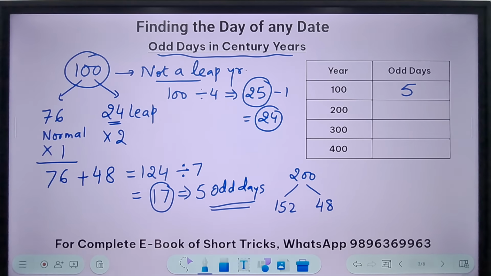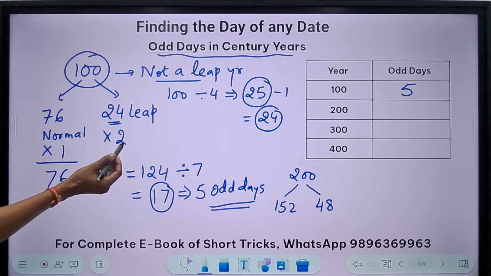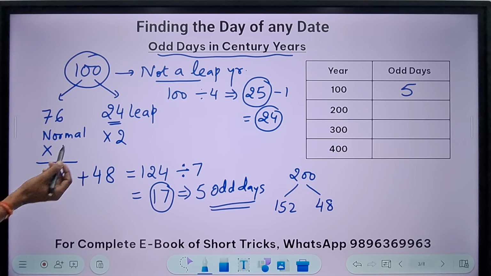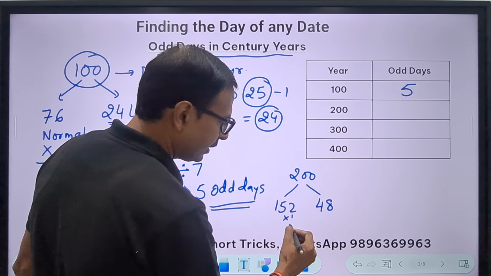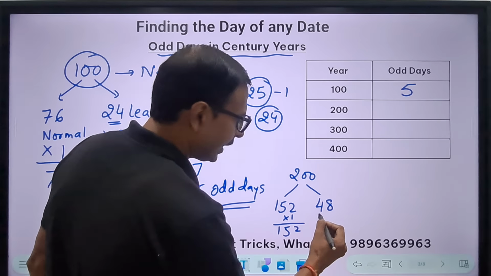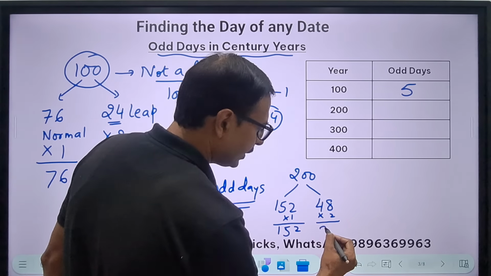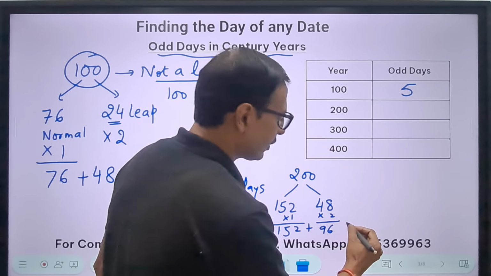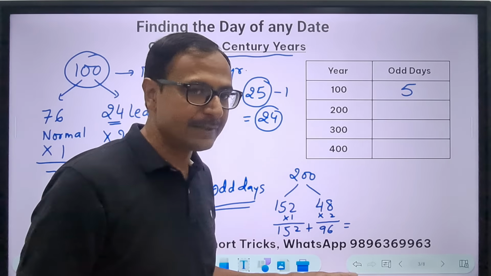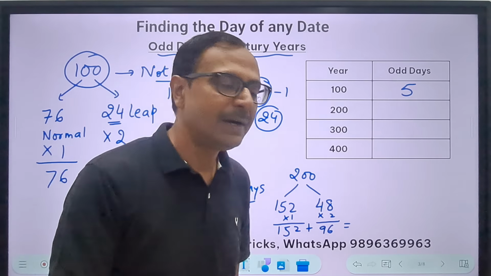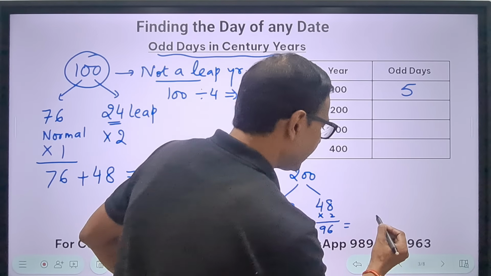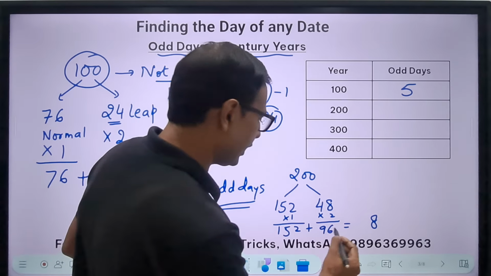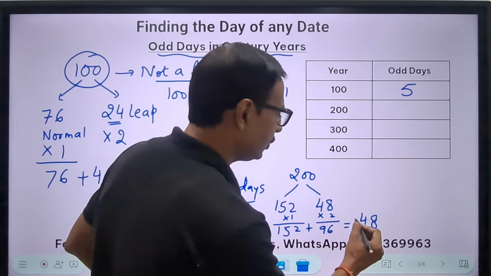Right? Now if you have to find the odd days in this, you just need to do what I did here. A normal year has 1 odd day and a leap year has 2 odd days. So this multiplied by 1 gives you 152, and this multiplied by 2 gives you 96, and when you add them you will get the total number of odd days, but that cannot be greater than 7, so you have to find the remainder. So what do we get here? 8, 14 means 4 and 2.